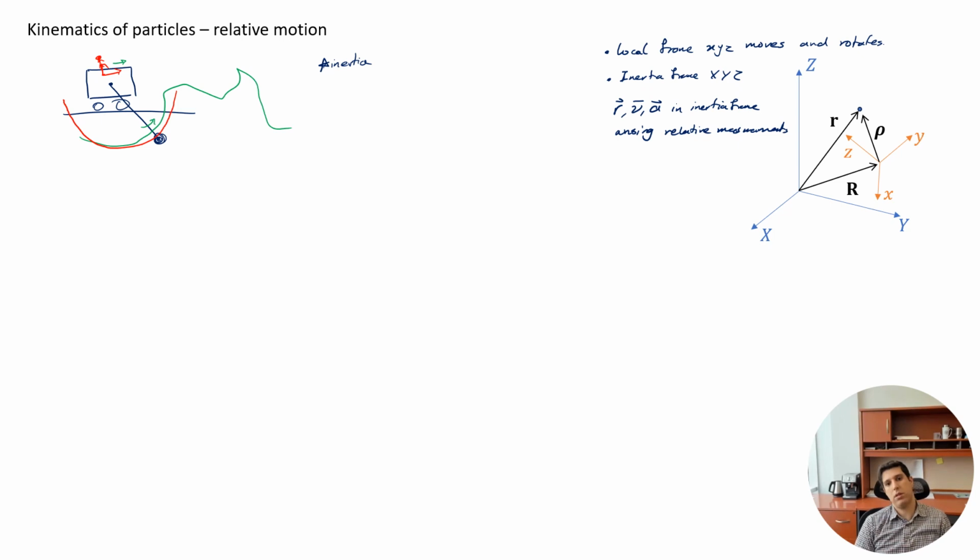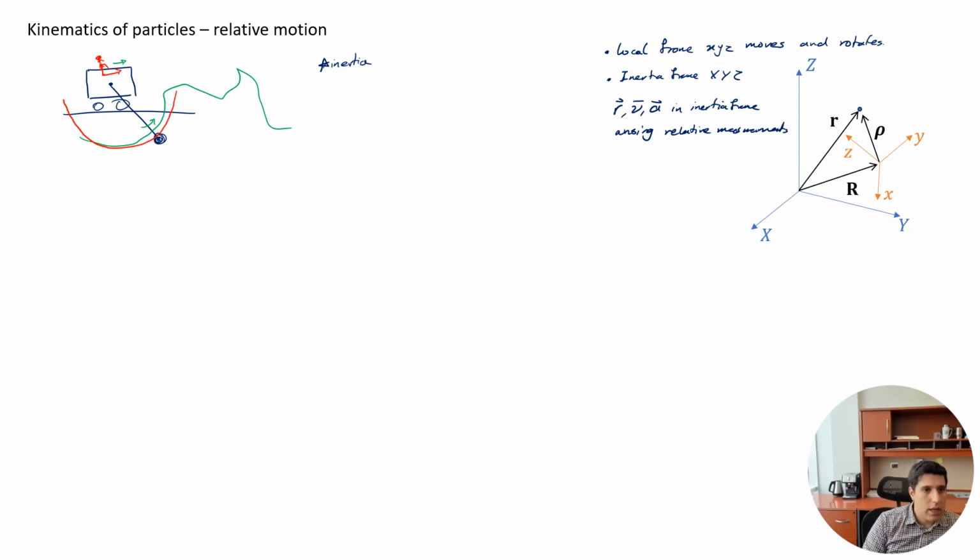That's measurement. So if an observer is sitting on the orange frame, that observer measures something about the movement of the particle, and using that knowledge and the knowledge of the movement of the observer itself, we want to infer the motion in the inertial frame.